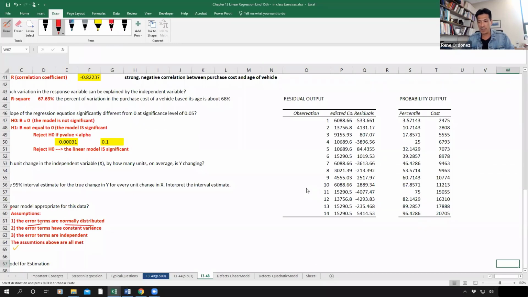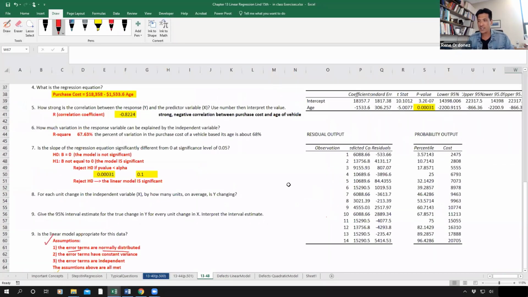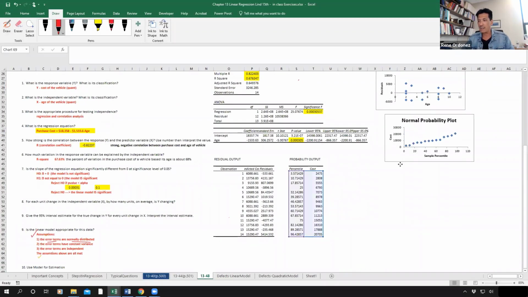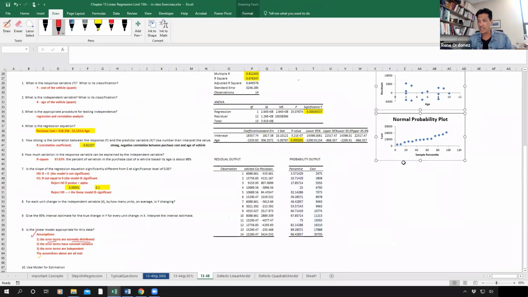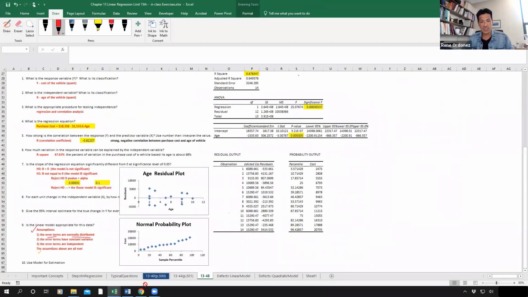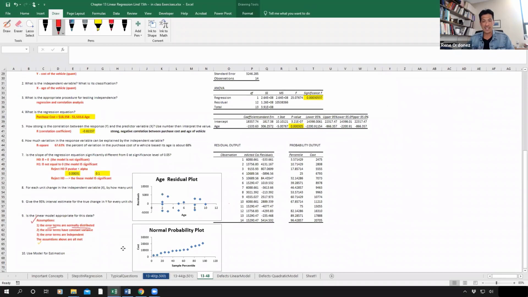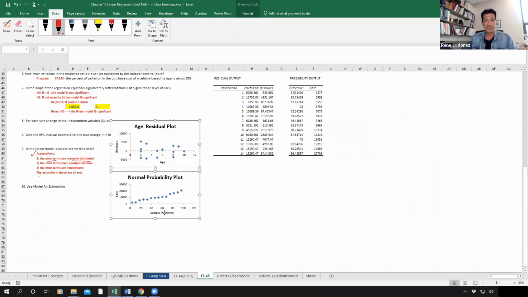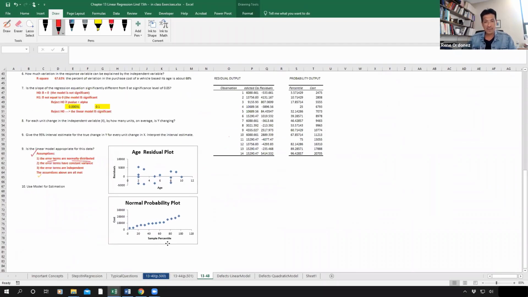Let me make this smaller so I can find where the residual plots are. So here they are. Okay, so I'm going to copy this and move this closer to the analysis of residuals. So for the first assumption, the error terms are normally distributed.